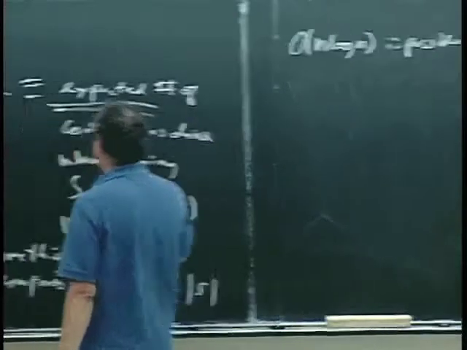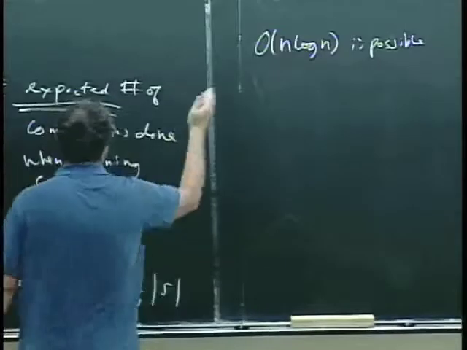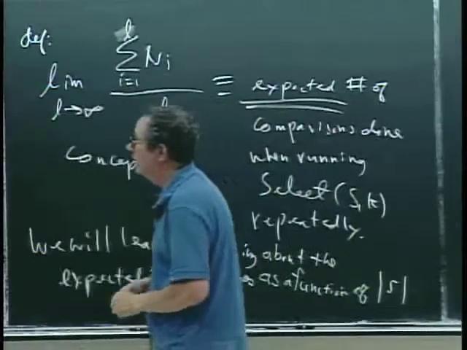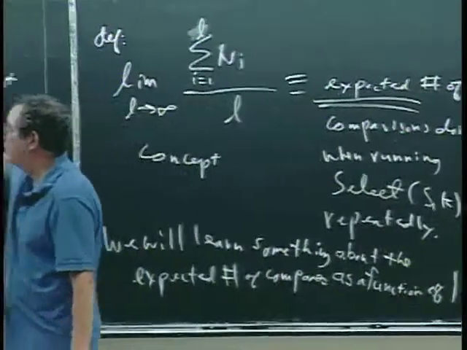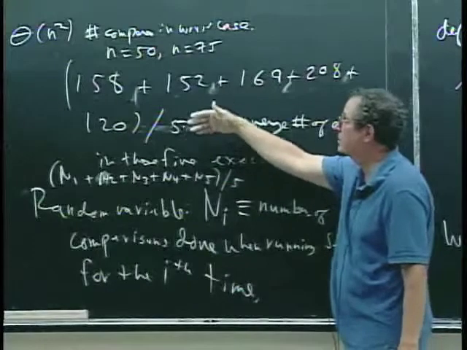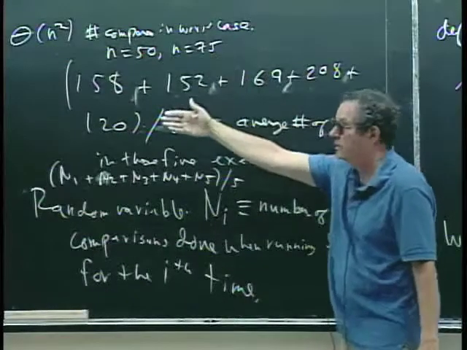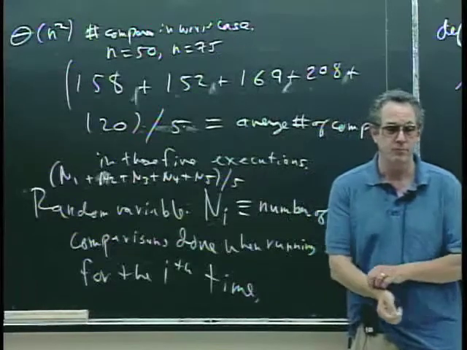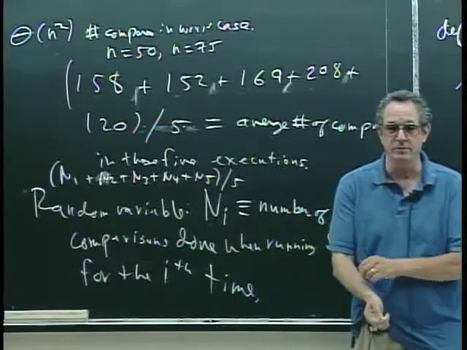Okay, so we know that n squared is possible with this algorithm, n log n is possible with this algorithm. And what can we say so far about the expected number of comparisons using this algorithm randomly? Same kind of logic.